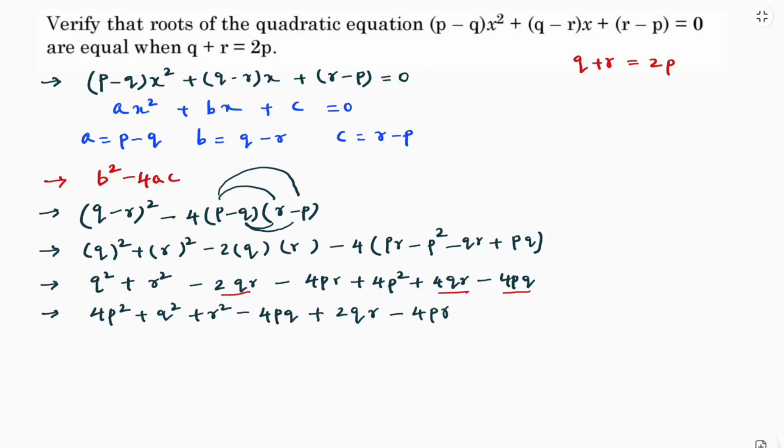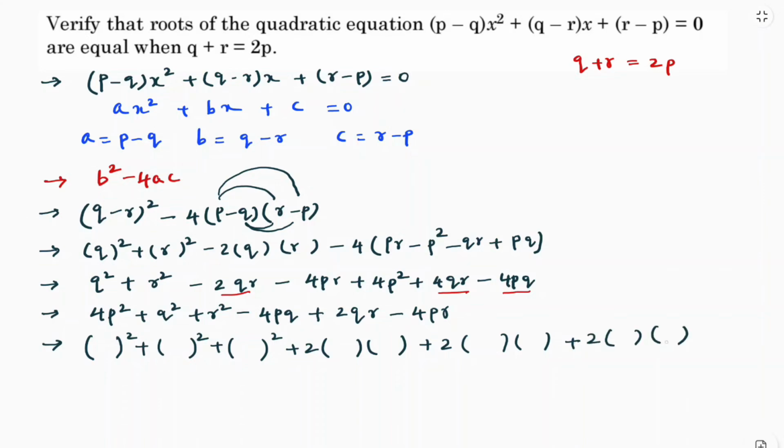Now if you observe carefully, it is in the form of a square plus b square plus c square plus 2ab plus 2bc plus 2ca, but there are some negative terms. So first I'll write the formula: a square, b square, plus 2ab, plus 2bc, plus 2ca.